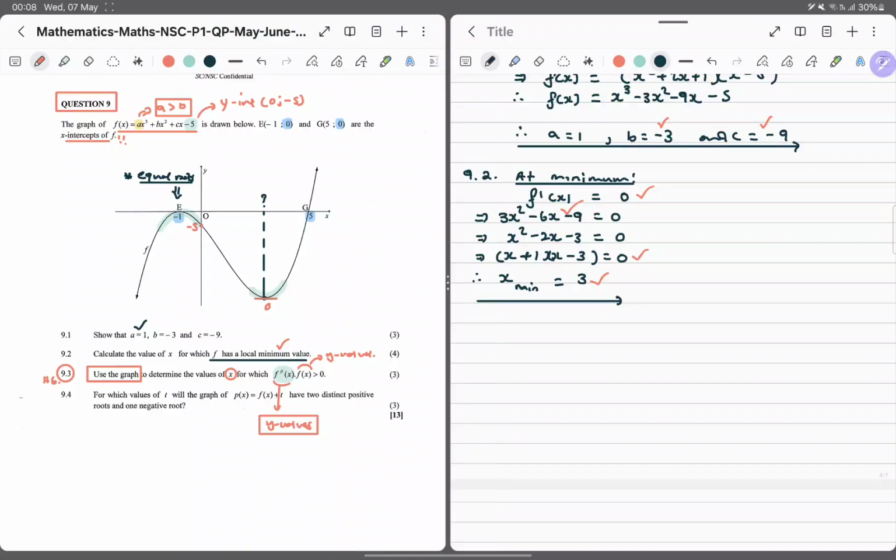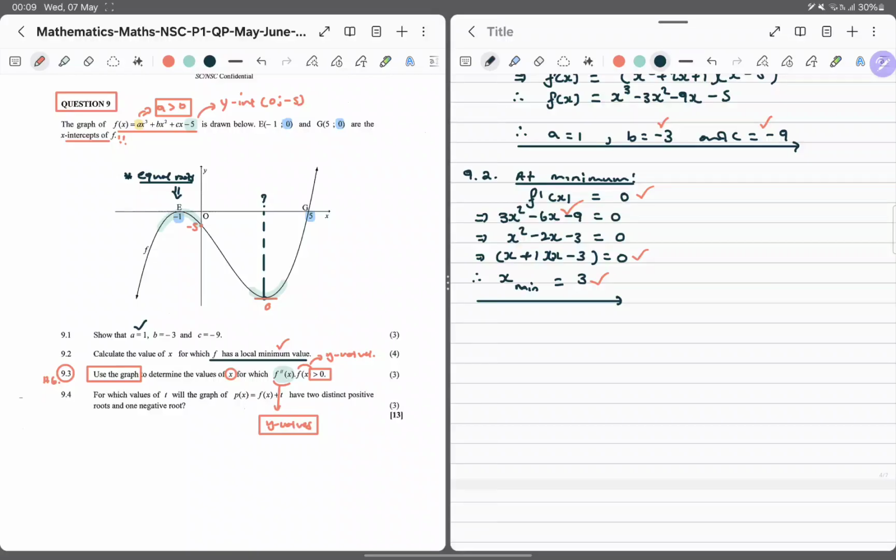Okay, so we're multiplying the y values of the second derivative function to the y values of the original function, and we are saying this product must be greater than 0. So now this question needs a proper analysis here.